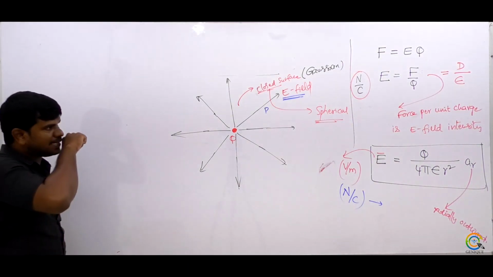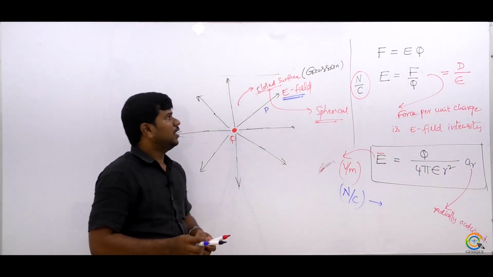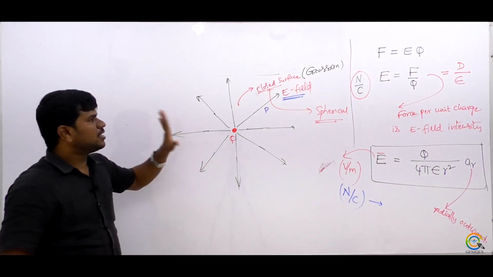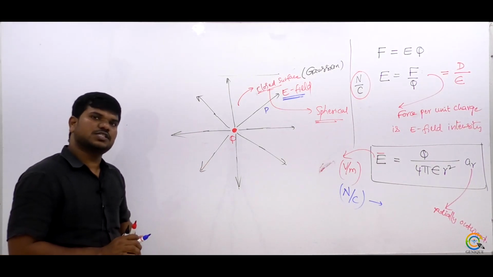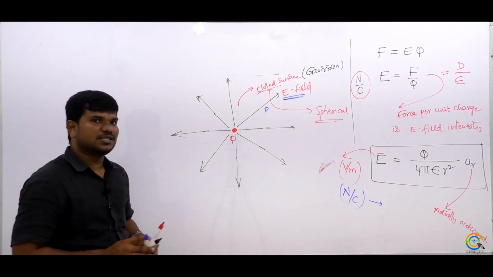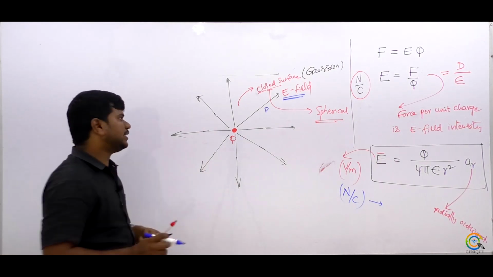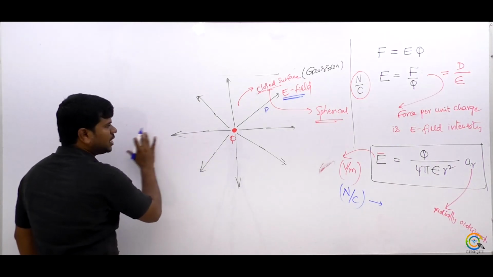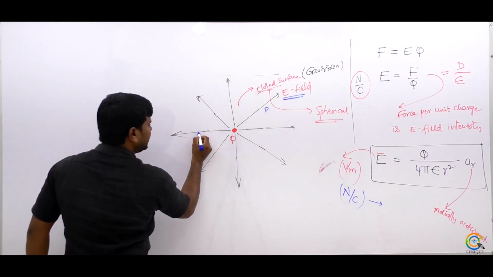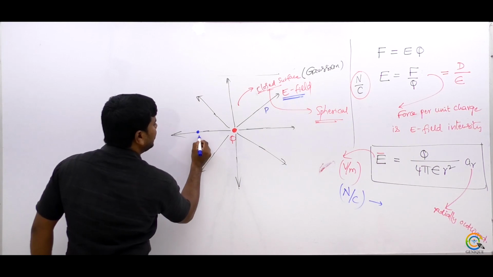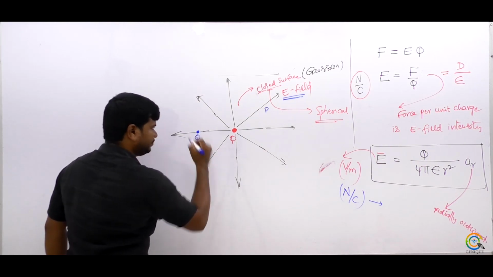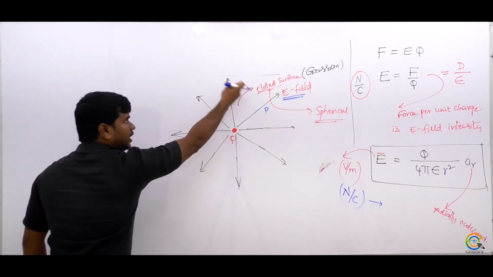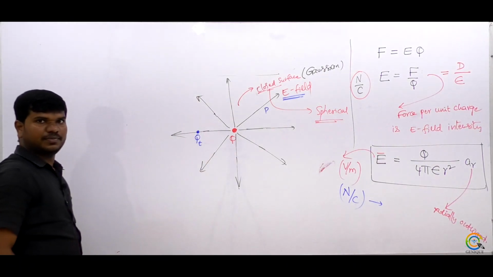So this is the electric field intensity. Now, suppose I place one more test charge, some QT, into this electric field.